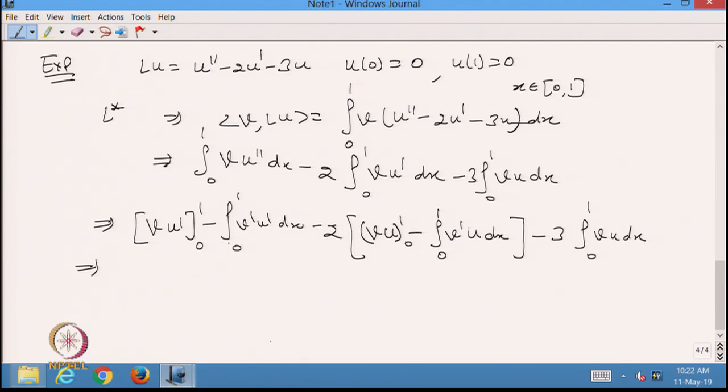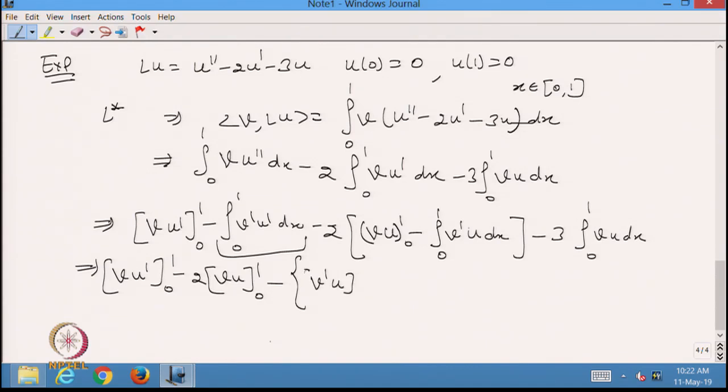So, again I will solve this integration. This one is the same as v u dash from 0 to 1, and this one I can take here, so minus 2 times v u from 0 to 1. Now I want to integrate this one, so this will be v dash u from 0 to 1 minus the integral of v double dash u dx.